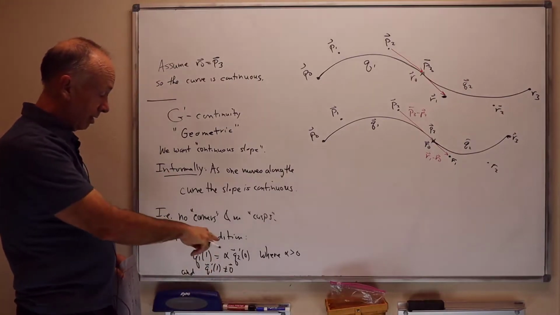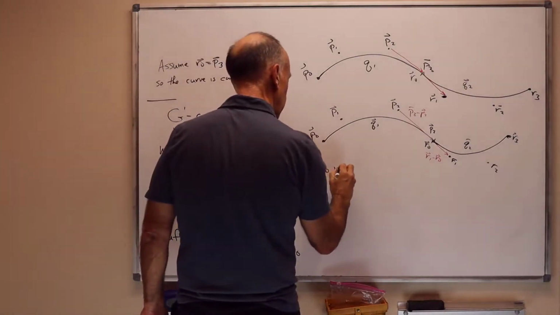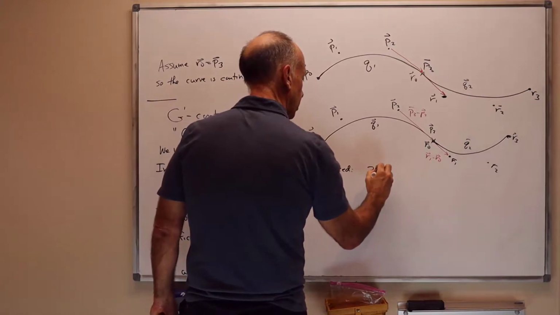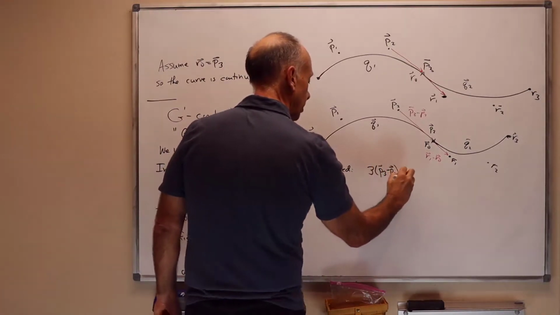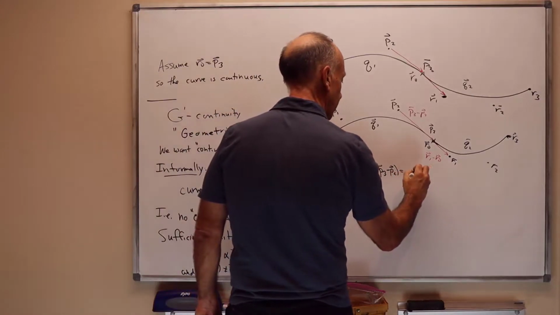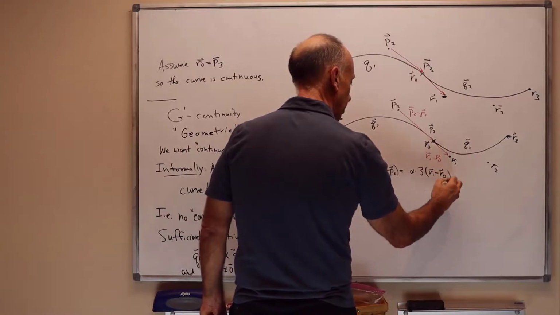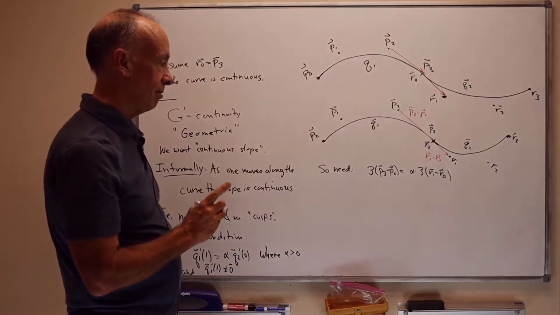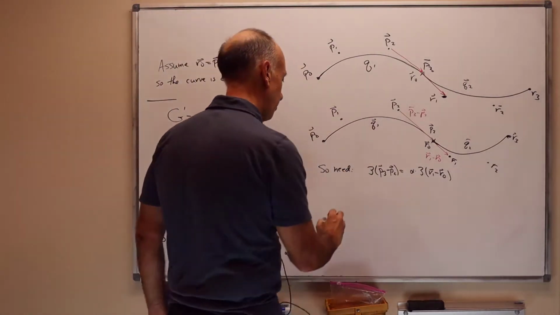So for this condition, we need that 3 times P3 minus P2 is alpha times 3 times R1 minus R0, with alpha greater than 0 and both sides of the equality non-zero.